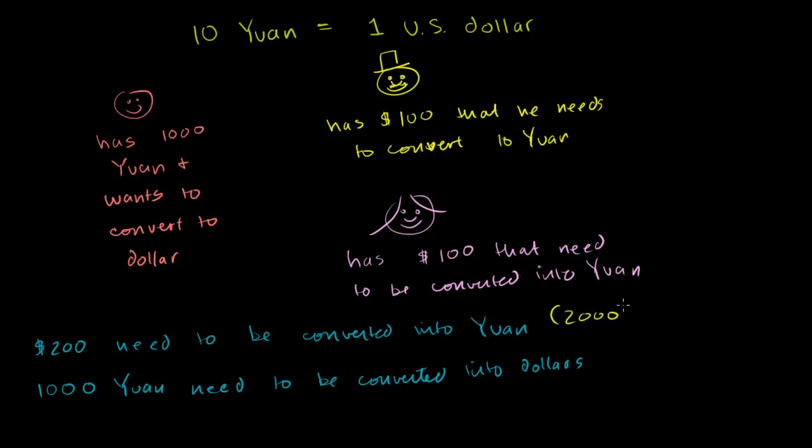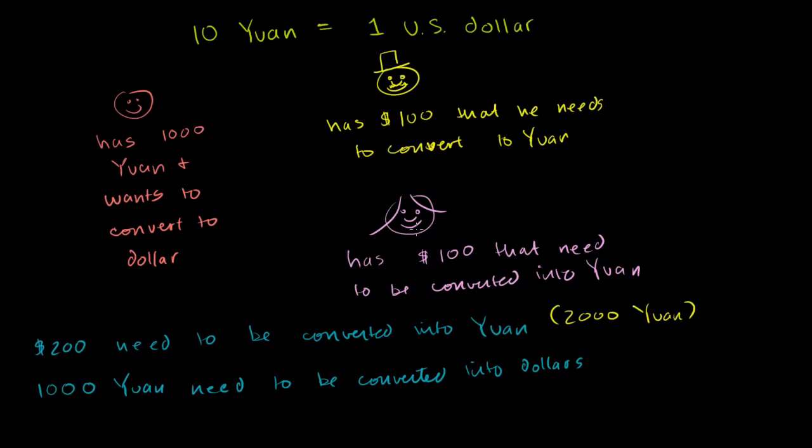And this person over here is saying, well, at the current exchange rate, maybe for my 1,000 yuan I'll get $100. But everyone wants to maximize the amount of the other currency they get, for obvious reasons. They want to maximize the amount of money they get.